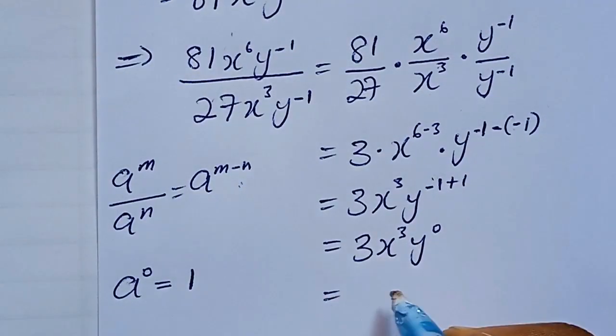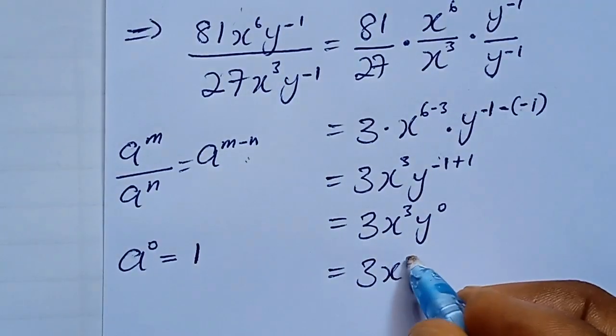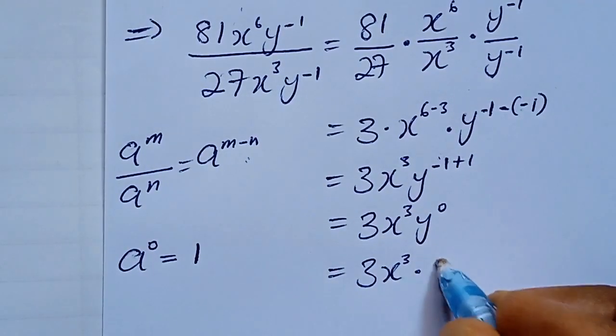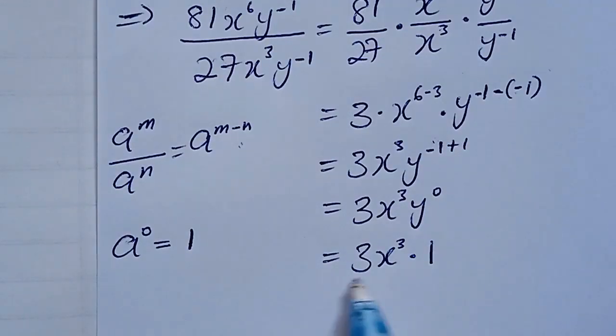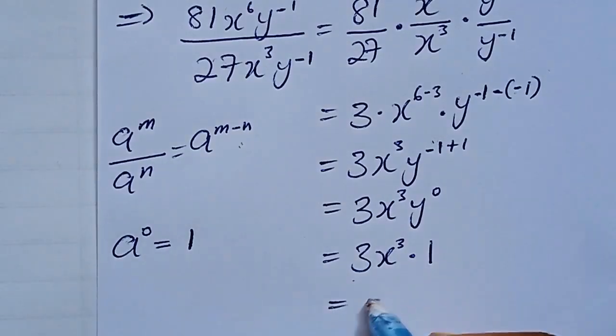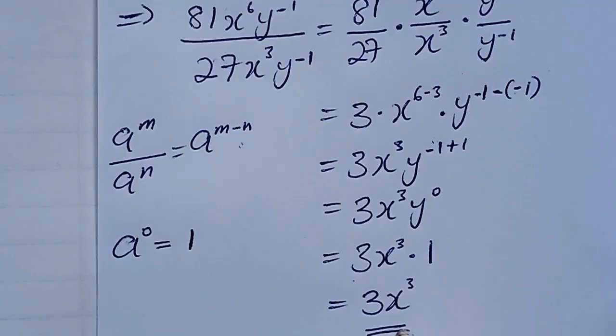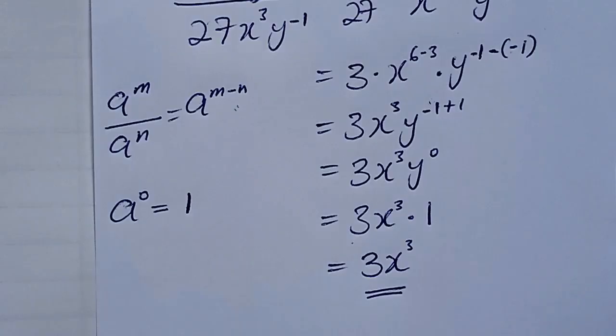So this can then be written as 3x^3 multiplied by 1. And 1 multiplied by anything equals that very thing: 1 multiplied by 1 is 1, 1 multiplied by 4 is 4, 1 multiplied by 100 is 100. So we write 3x^3 as our final answer for the expression.